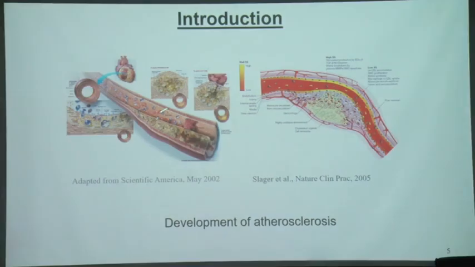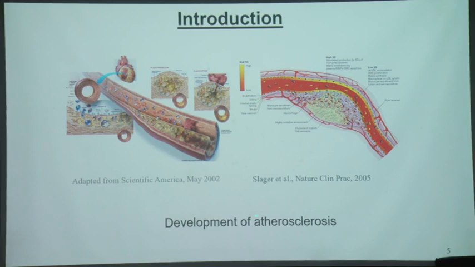If we look at the cartoon on the left, this is a diagram of blood vessels, and the blood vessel is actually a multi-layered structure. It has endothelium, which is endothelial cells, in direct contact with blood. Then we have the intima, media and adventitia in the blood vessel wall.